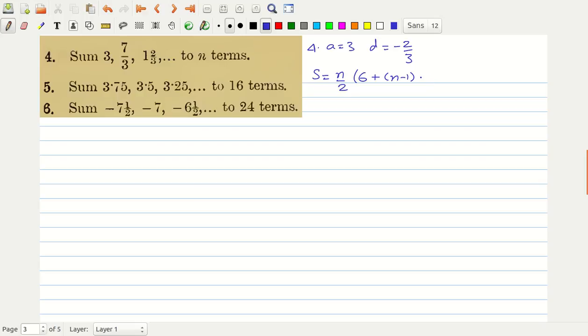So, times minus 2 by 3, and if you simplify this, in the end you will get s is equal to 10n minus n square by 3. Okay, you can just expand and simplify. There's no difficulty in this problem.